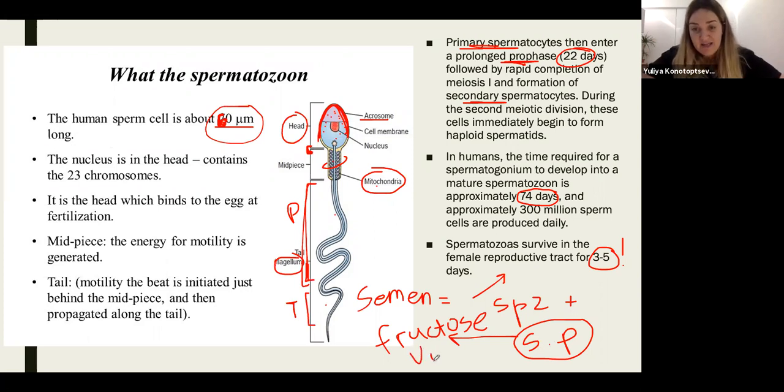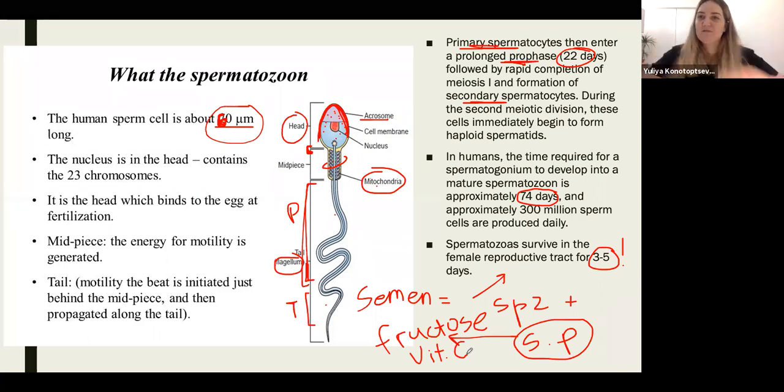It contains vitamin C. This is why in some countries they use semen as a beauty mask to whiten the face of a person. Okay, so they make a cream out of the semen. It also has alkalase.